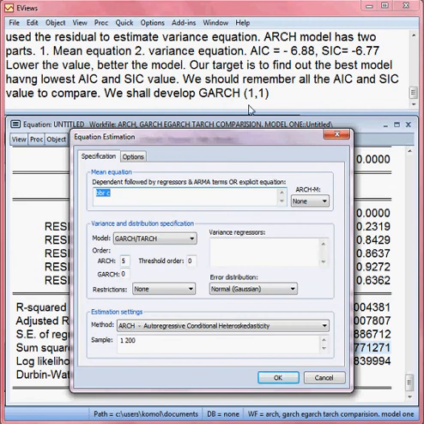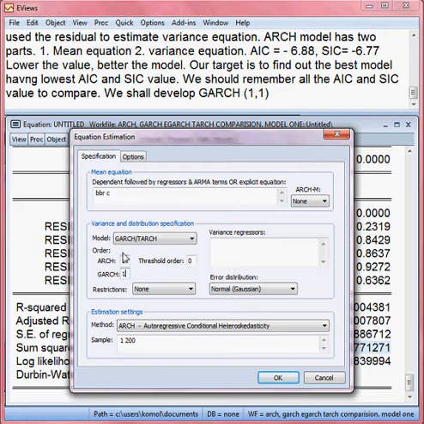Then here is one ARCH and one GARCH, so I put 1 here and 1 here. So ARCH 1 and GARCH 1, and I choose the normal distribution all the time to compare among all the models.